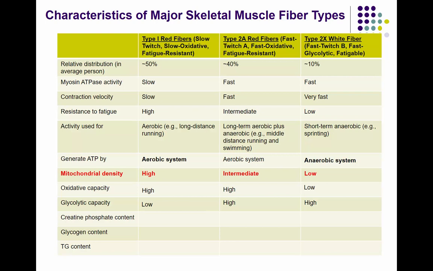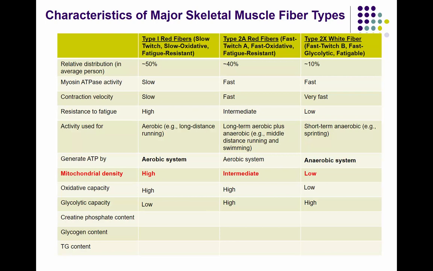So thinking about it, type 1 fibers or type 2A fibers, usually we use these types of fibers for relatively long-distance, right? The running or long-term exercise, and we don't necessarily need to generate ATP that quickly.